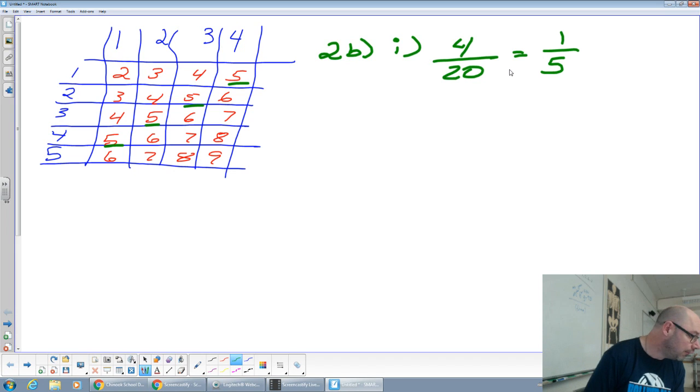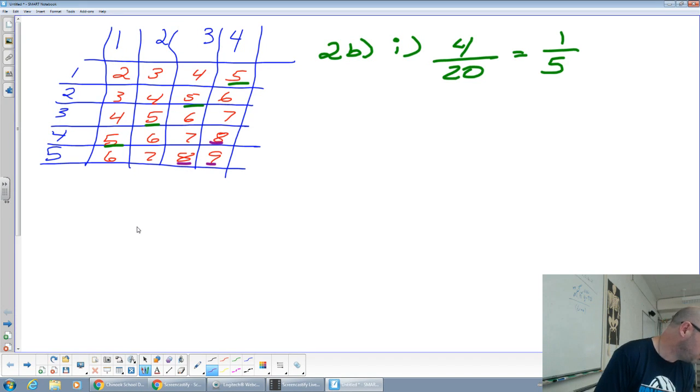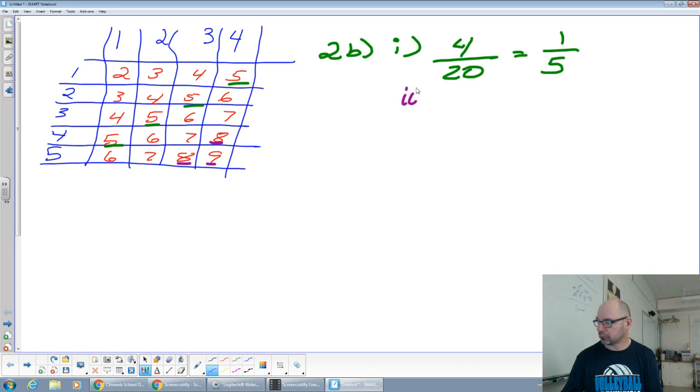Second, the sum of 8 or 9. So if we do 8 or 9, there's a 9, there's an 8, there's an 8. So that's 3 favorables. So that would be 3 over 20.